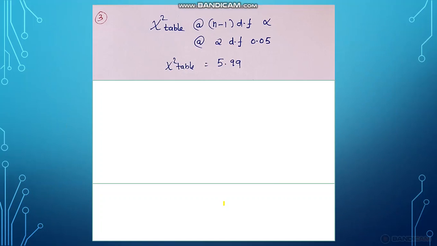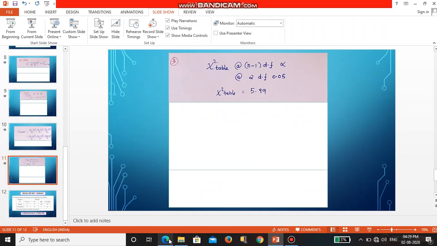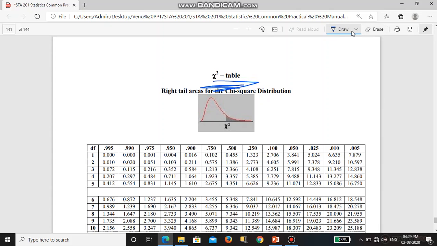After that you want to find the chi-square table value at 2 degrees of freedom and 0.05 level of significance. So this is the chi-square table.